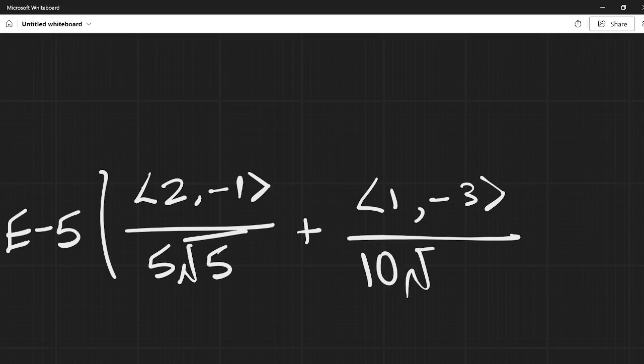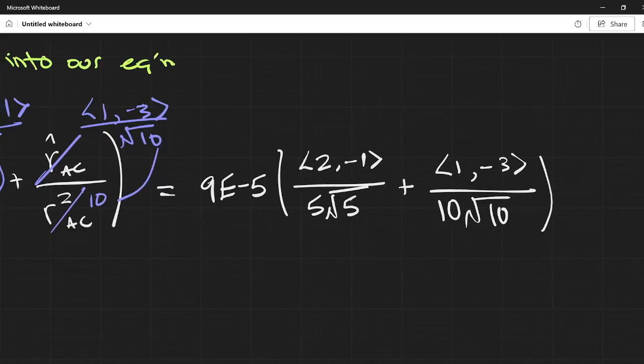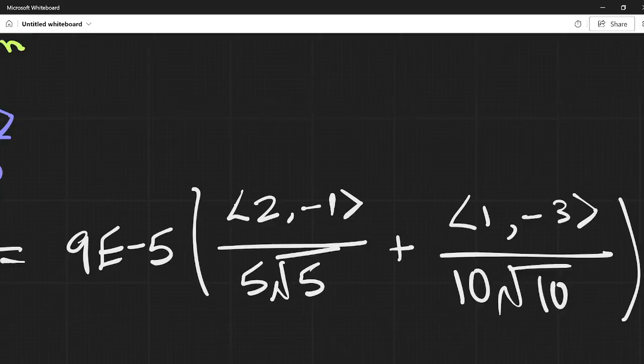This on the bottom is 10 square roots of 10. Yes, this looks good. Okay, now keep in mind, we need to get this in terms of i and j, and we have those right here, right?